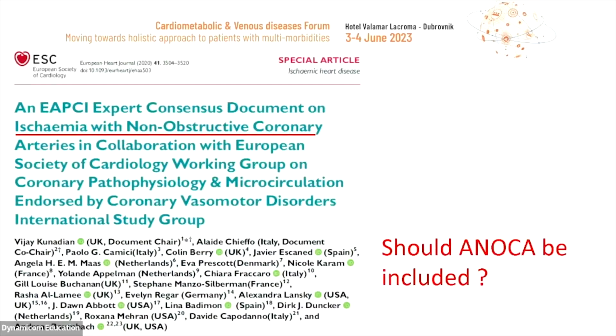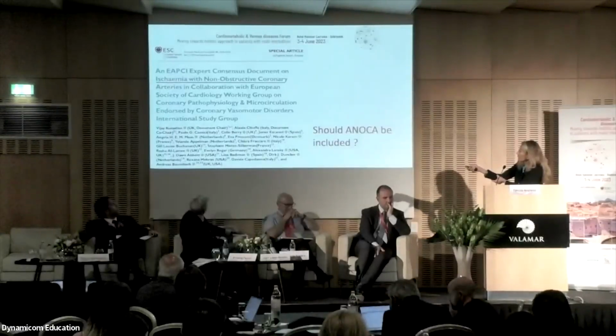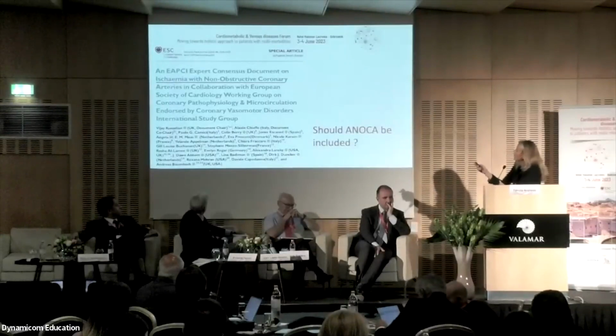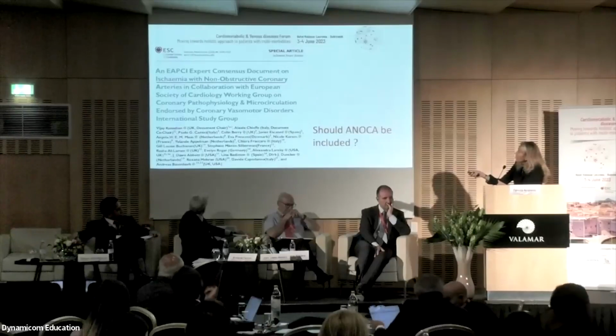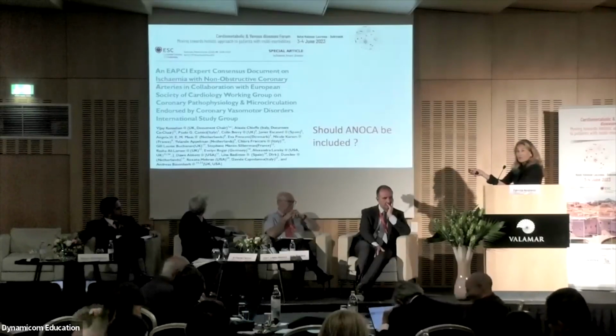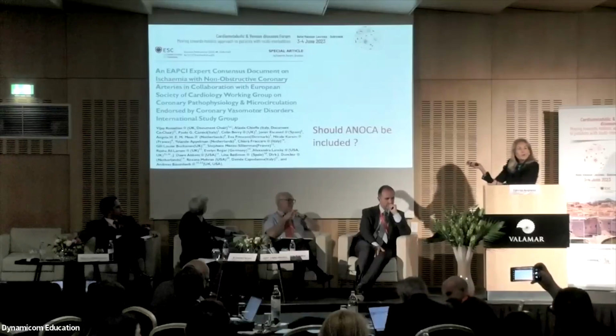However, one must acknowledge that this position paper that is considered quite a reference in 2020, and it is an advancement in the effort to sort of unify this complexity, discussed, I'm sure they discussed at length how to entitle it, and they chose to define ischemia with non-obstructive. They chose not to consider ANOCA. Should we consider ANOCA? Is it more modern?